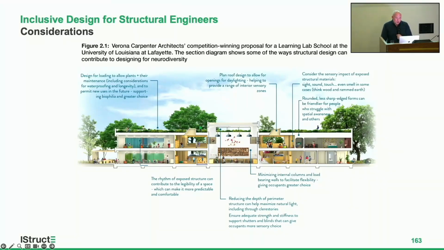Minimizing internal columns and load-bearing walls to facilitate flexibility. I'm in a little bit of a disagreement with that, because I think that creating big open plan spaces can sometimes increase the embodied carbon in a building more so than the benefits. What I think that is more about is very well placed columns. We can take a lot of inspiration from the commercial sector, for instance.